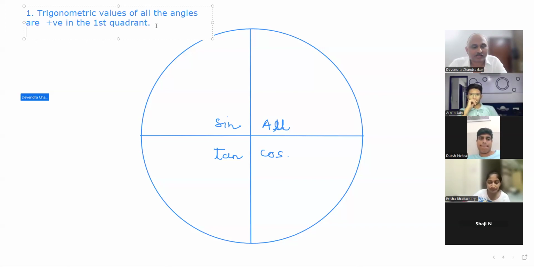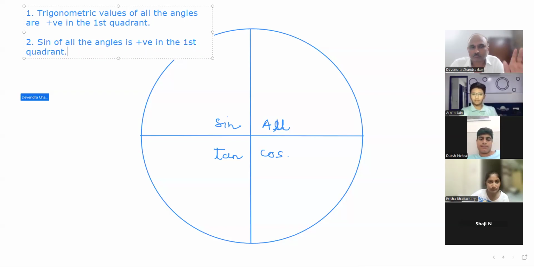Good. Second statement. Sine of all the angles is positive in the first quadrant. Sorry, in the second quadrant, my bad.